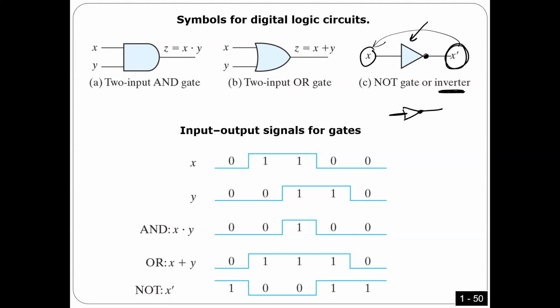This input has 2 cases, either 0 or 1, nothing else. So if the input is 0, I'm gonna get here 1. If the input here is 1, I'm gonna get logic 0. So the input variable is gonna flip, the 1's complement. The input is only 1 bit, and this bit is gonna flip. If 0 becomes 1, if it is 1, it becomes 0. So this is 1 gate here.